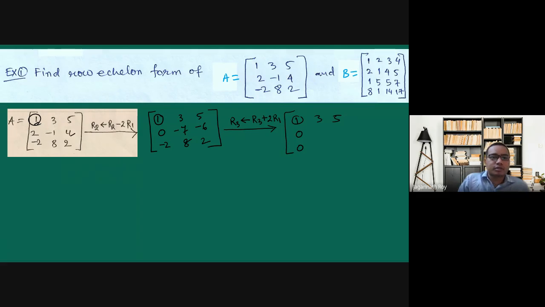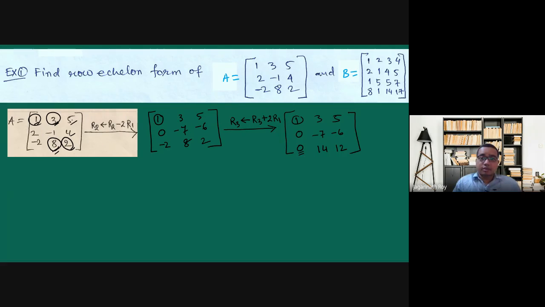So this will be 0. Then 8 plus 6, since 3 into 2 is 6, so 8 plus 6 is 14 here. Similarly, 2 plus 5 into 2, that is 10, so 2 plus 10 is 12.